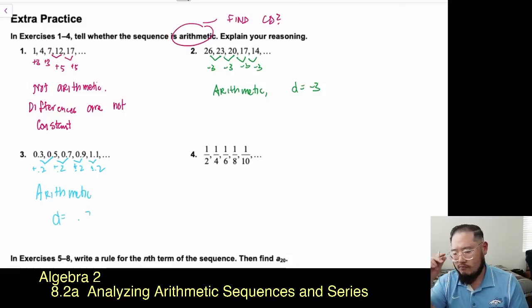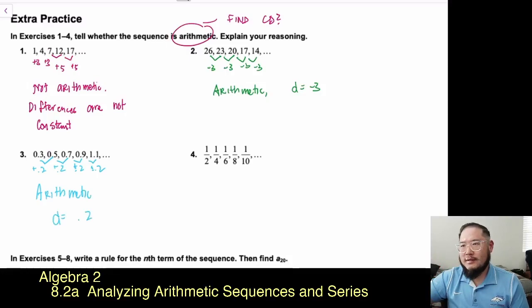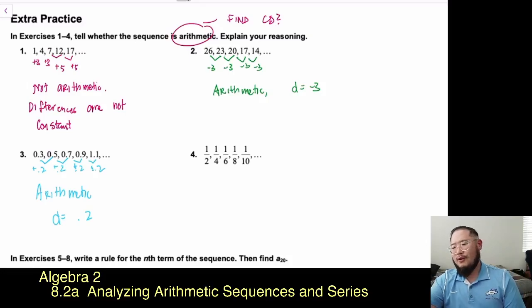All right. Let's take a look next up at number 4. We got 1/2, 1/4, 1/6, 1/8, 1/10. This looks pretty interesting because I think they're trying to trick you. From 1/2 to 1/4, is that adding 1/2? Don't think so, right?